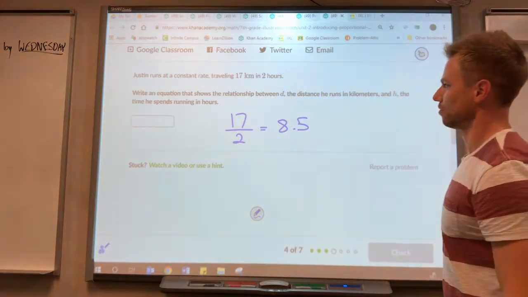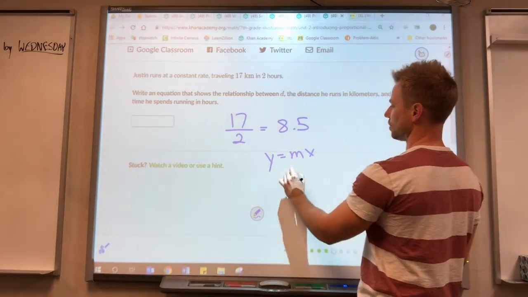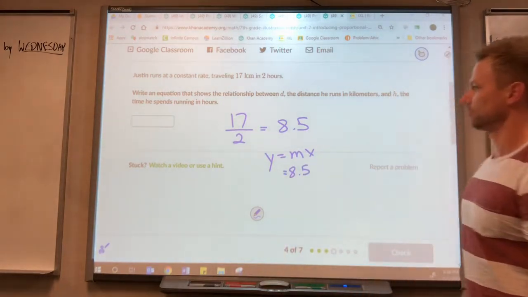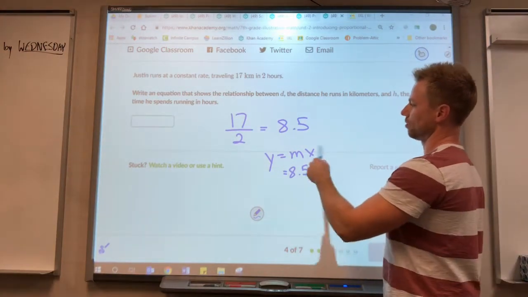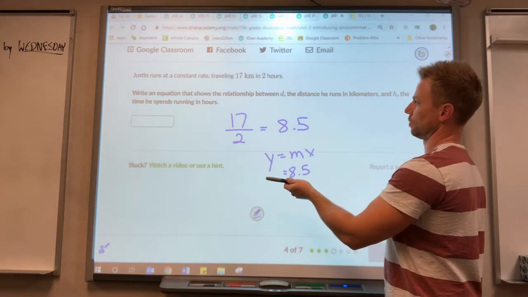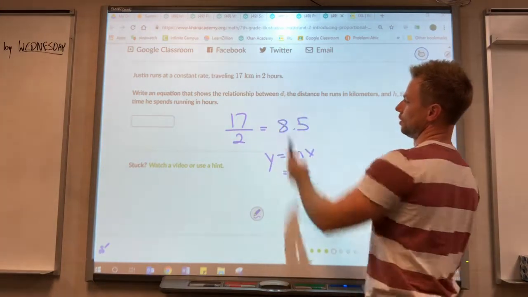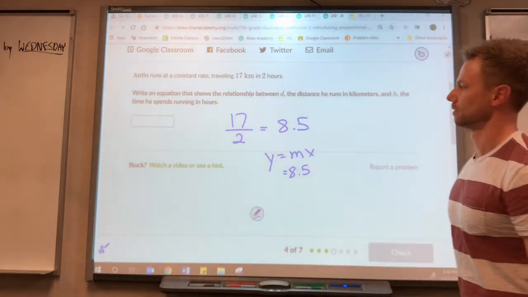All right, now we just have to figure out where the letters go. The equation is in this form. 8.5 is our m. We have to figure out what goes where. So what are we going to multiply by 8.5 to get the other number? Are we going to do 8.5 times 17 to get 2? Or are we going to do 8.5 times 2 to get 17?